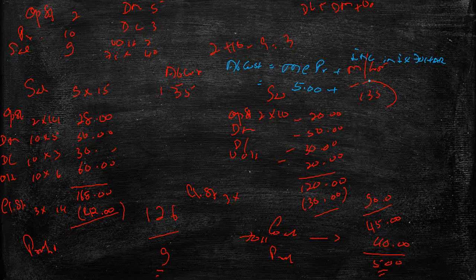We had opening stock of 2 and a closing stock of 3. What is increase in inventory? It is the difference between opening stock and closing stock. But don't take the values, only the number of units.